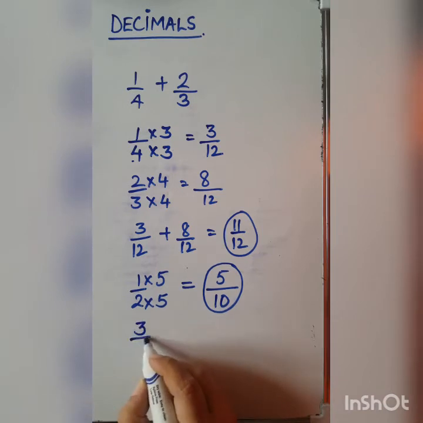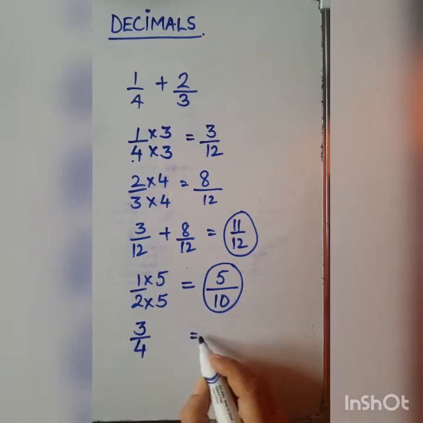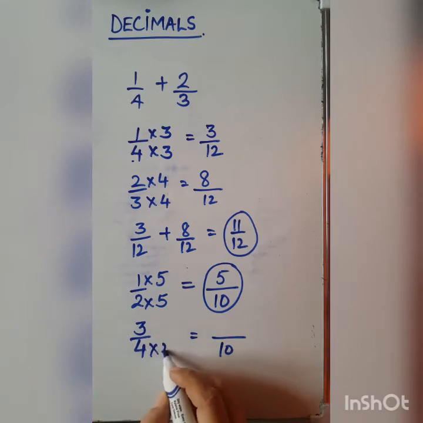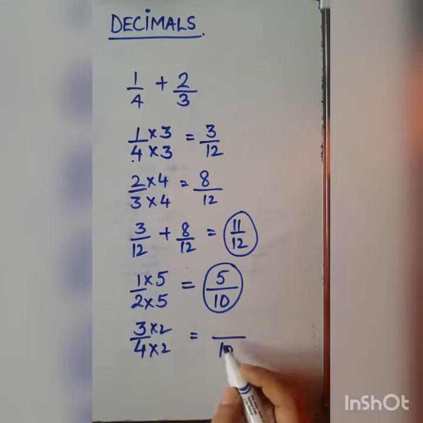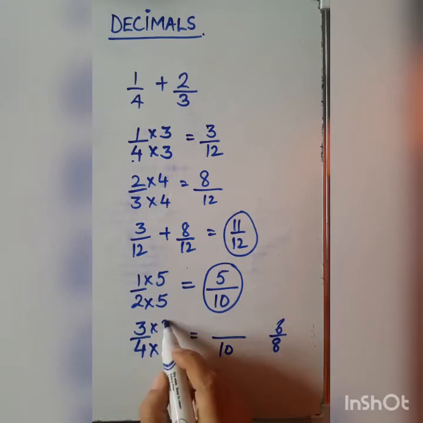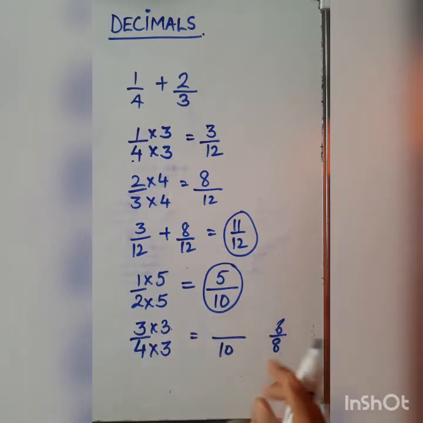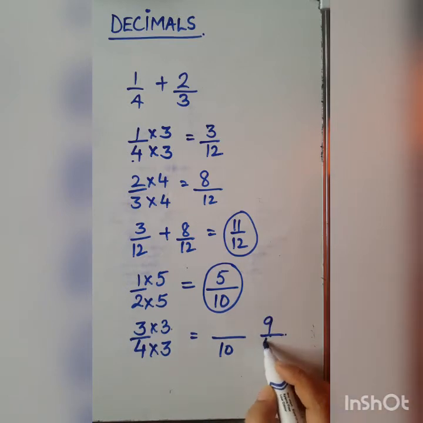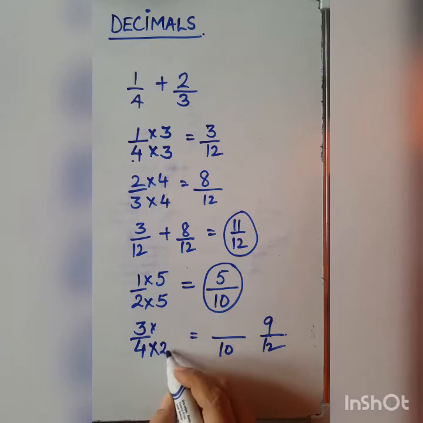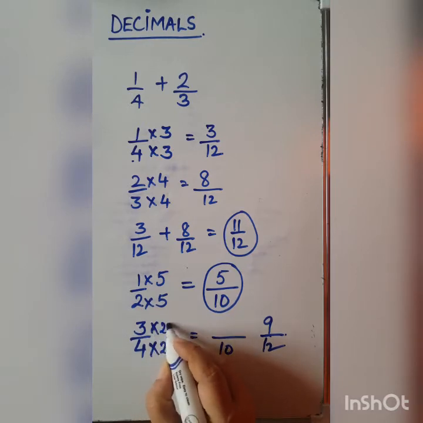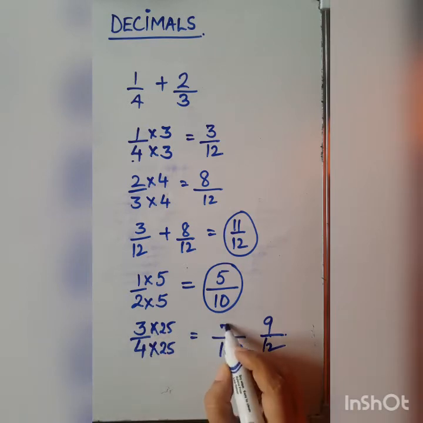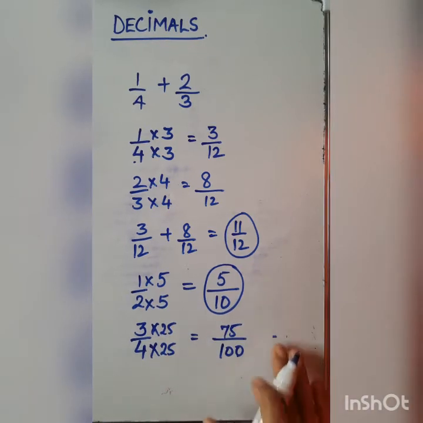Similarly, if I take 3 by 4, now I cannot represent it by 10 here, because 4 twos are 8, 3 twos are 6. So this will be 6 upon 8 somewhere. And if I take 3 here, then it will become 9 upon 12. Therefore, I can multiply this by 25 to get 4 into 25 as 100 and 3 into 25 as 75.